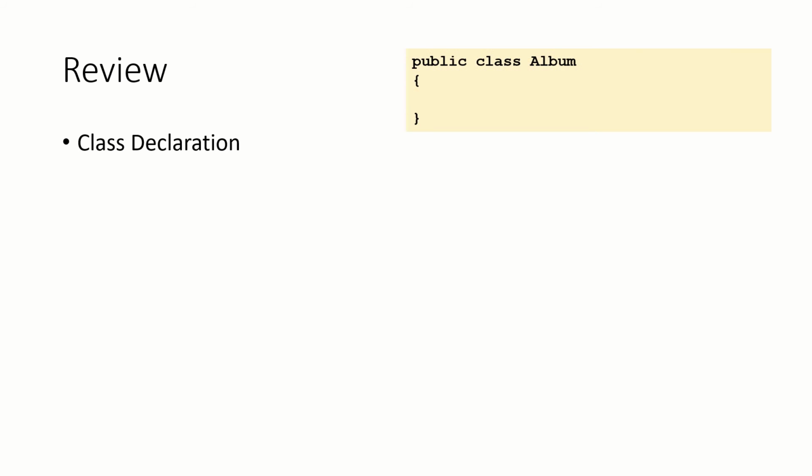So first, you need to know how to declare a class. For the class, you need first an access modifier, which helps you limit the access from other classes, right? Then a keyword class, then a class name.